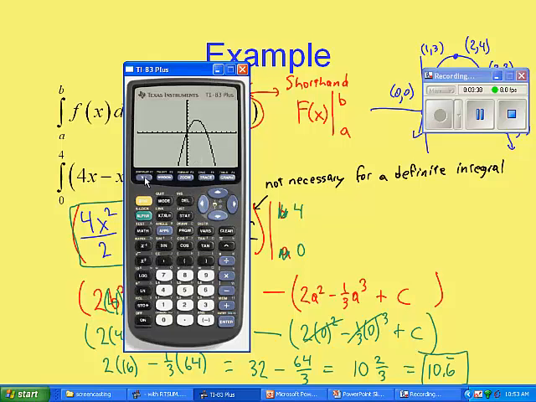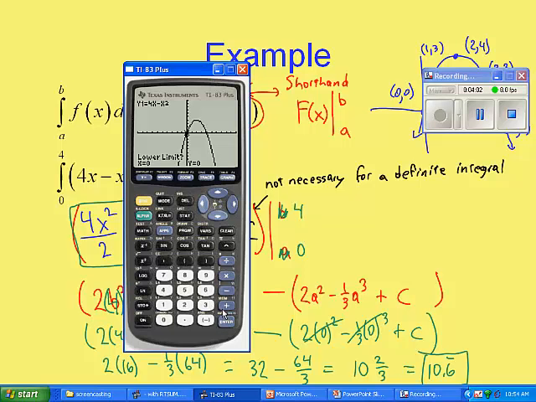Now, by the way, I want to show you a cool feature your calculator has. I don't know if you've seen this. Hit the second key, calculate. Look at choice 7. You can integrate a function. It says lower limit. You know what letter they're asking for there?